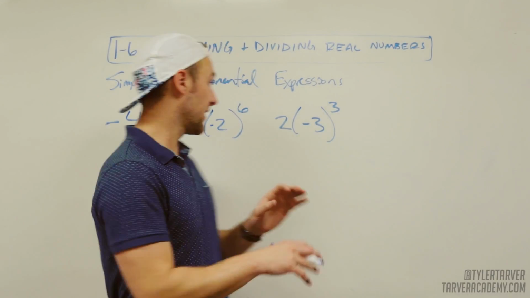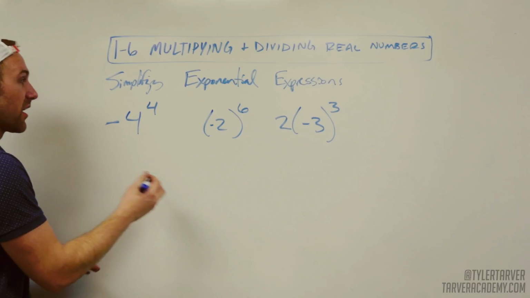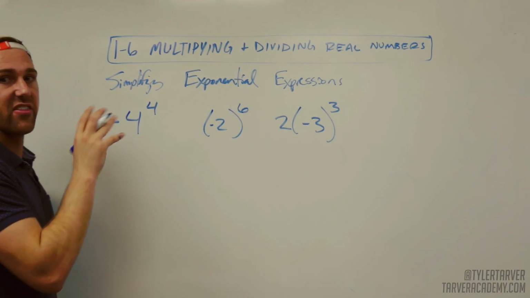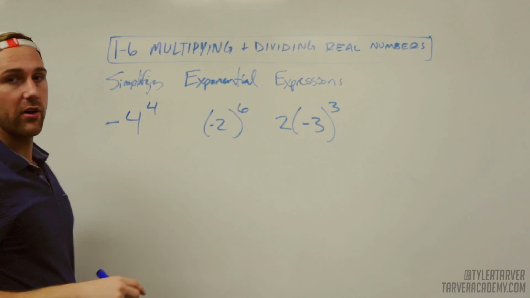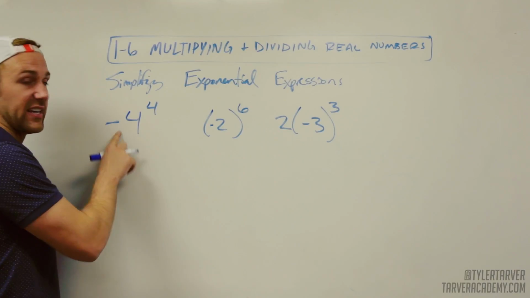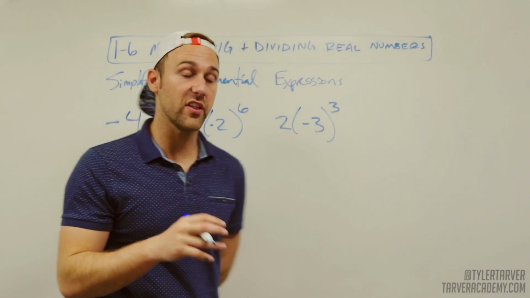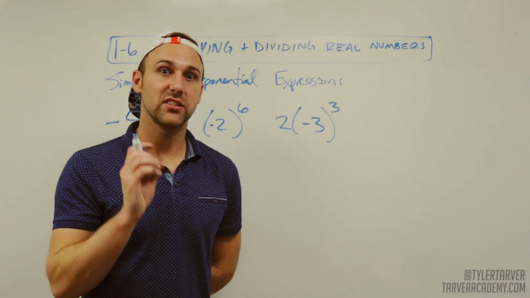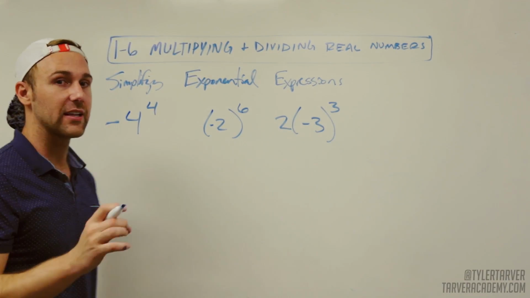And this is why. The difference between these two problems right here. Whenever you type this in, that 4 exponent is not attached to the negative, even though the negative has no other owner besides the 4. That exponent is very clingy.